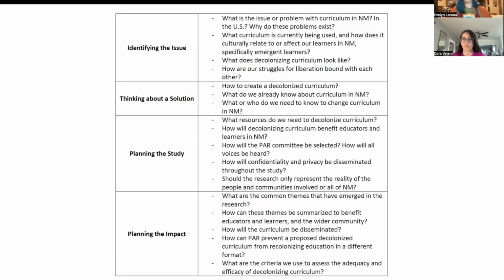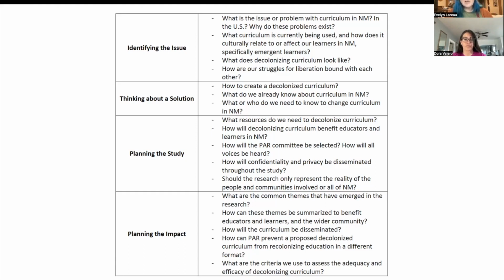Then we go into what do we already know about curriculum and what is currently being used in New Mexico, and what or who do we need to know to change curriculum in New Mexico? This really feeds into policymakers and other stakeholders that are further reaching out from the particular group that we're researching.